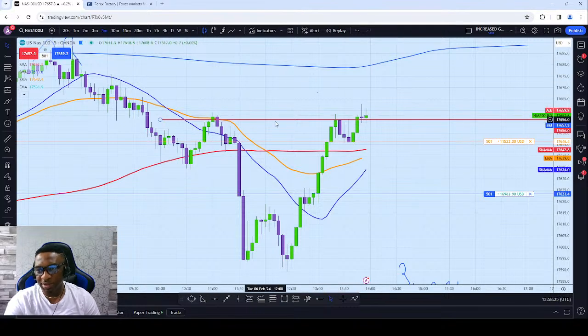This is what was happening on the 2 minutes, and this is how it looks on the 5 minutes. On the 5 minutes, you could have taken another position when price took out this last purple candle. When you see a setup and you want to enter, don't worry about this wick here.